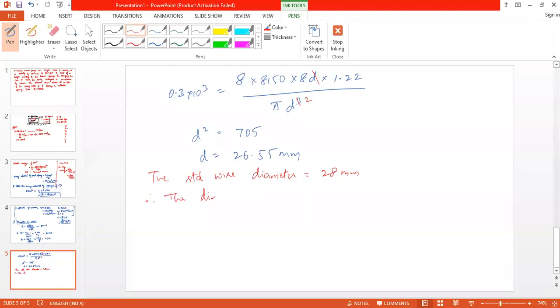Therefore, the diameter of spring is capital D, that is equal to 8 times small d, that is equal to 8 into 28, that is 224 mm.